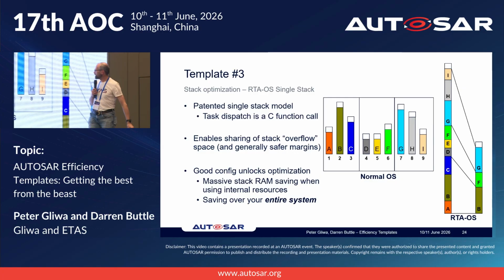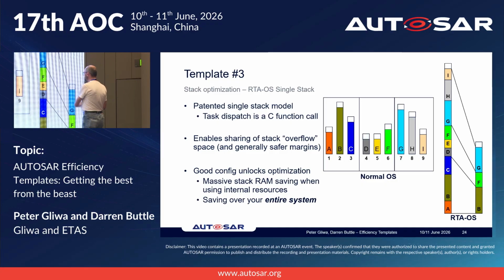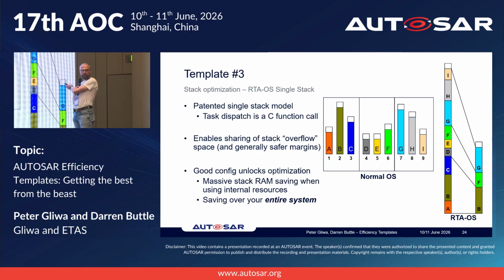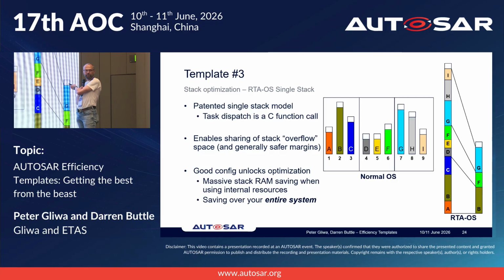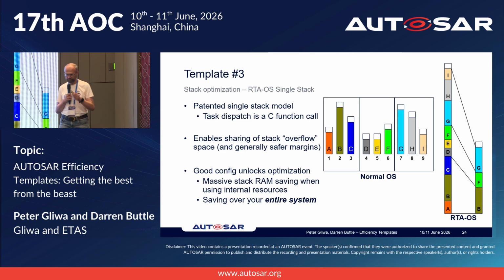So this is when B gets preempted by F, gets preempted by G. And you can see here in this fictitious example, I have saved half the RAM for the stack. And this is not operating system RAM, this is the entire RAM for the entire system here.